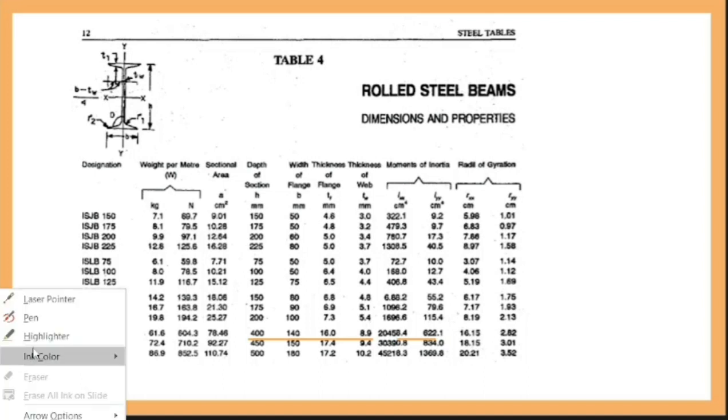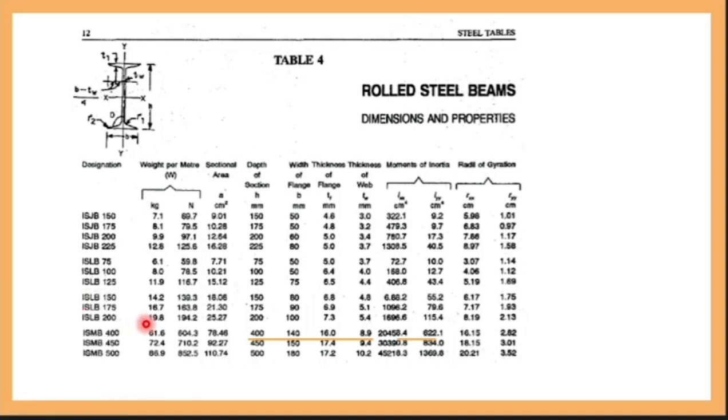Refer to the steel table, page number 12. This is ISMB 400. There you can see IXX. What do you mean by IXX? Here they have given in the problem as IZZ. So your moment of inertia at x-axis is 20458.4 into 10 power 4 mm power 4.